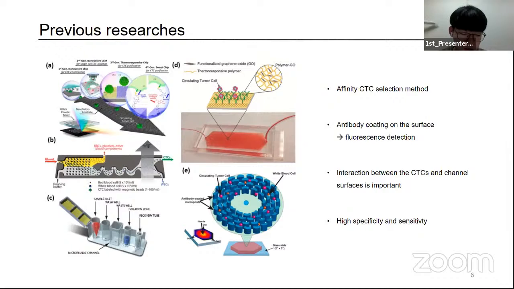In order to overcome this limitation, various kinds of microfluidic channels have been designed to provide more interactions between the CTCs and channel surface. Generally, immunoaffinity-based separation methods have a high specificity and sensitivity.